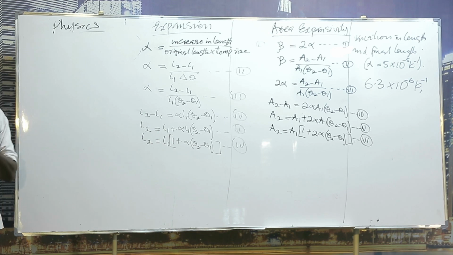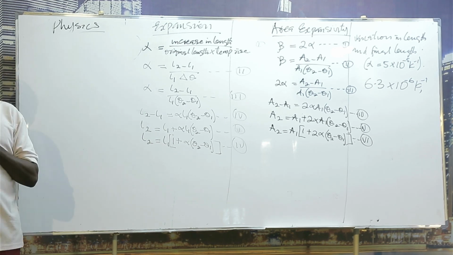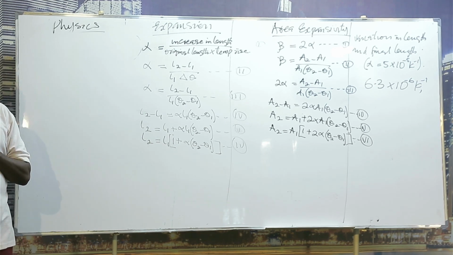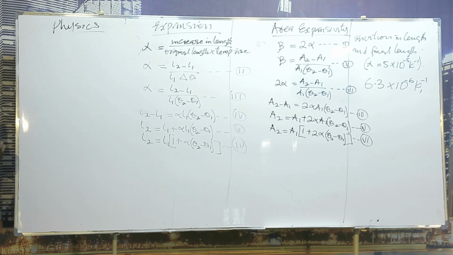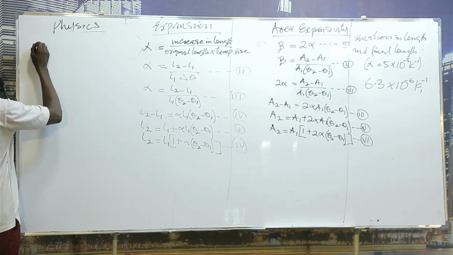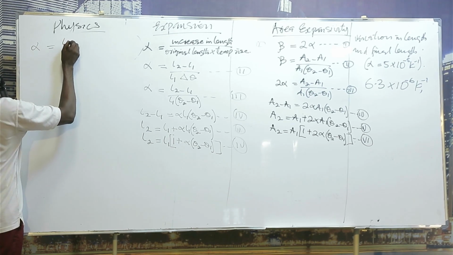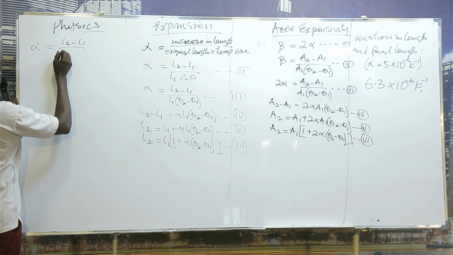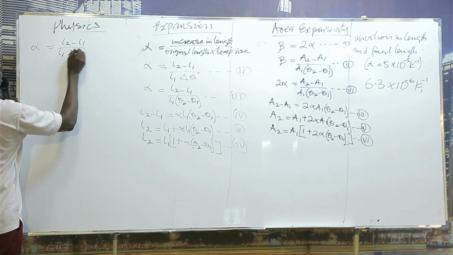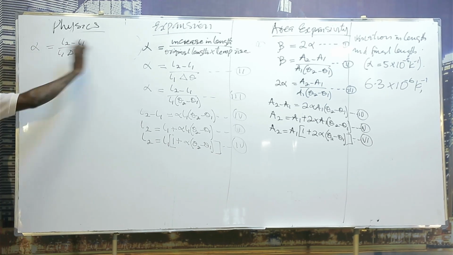So what exactly are we looking for? Ratio of what? Increase in length. So if I write down alpha equals L2 minus L1 over L1, change in temperature, what are we looking for here?